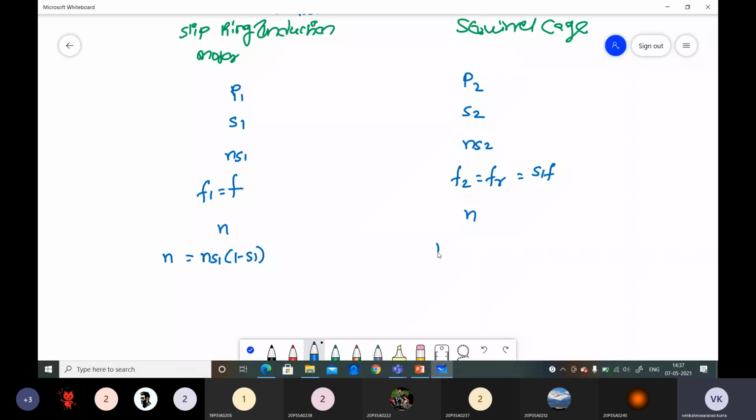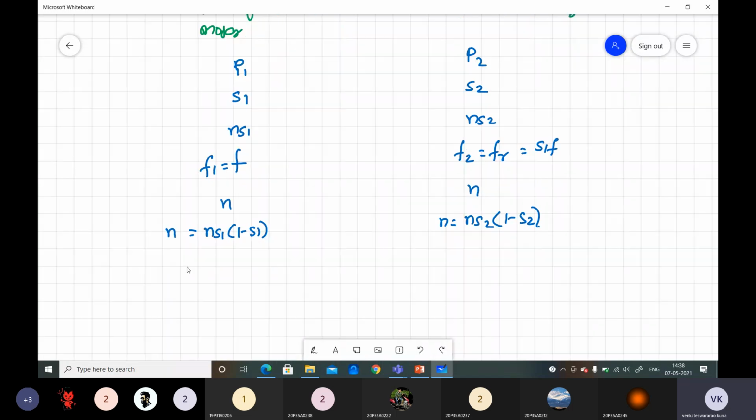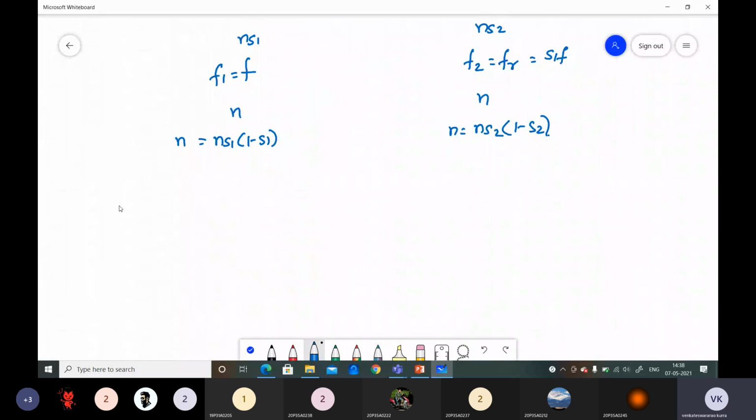In this case, N = Ns2(1 - S2). Here both the speeds are the same because the rotors are mounted on the same shaft. This is case 1 and case 2.